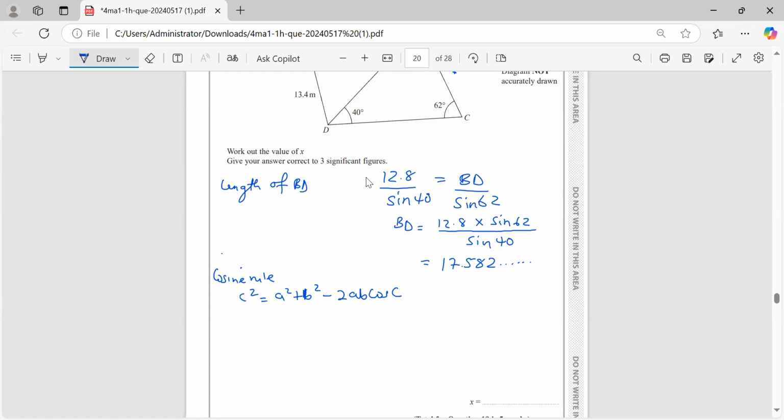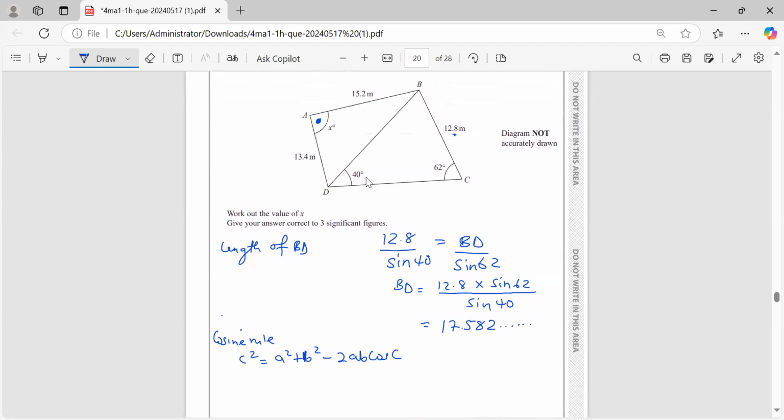So BD is the length that we actually have over there, which is 17.582.